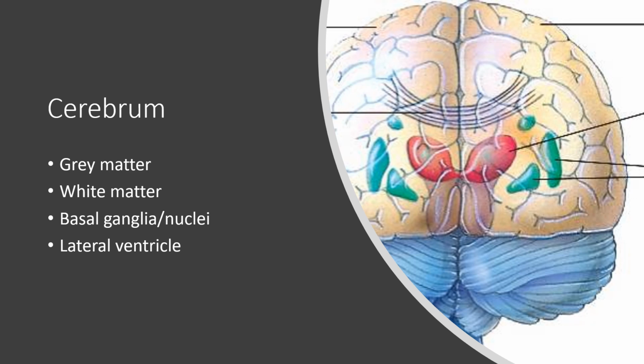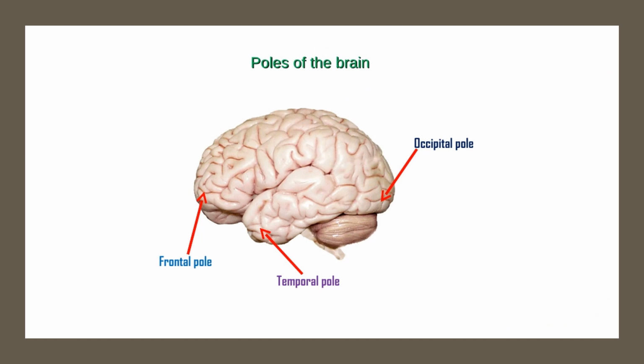The cerebrum consists of grey matter, white matter, basal ganglia and lateral ventricle. The external features of the cerebral hemisphere include the poles, surfaces, borders, sulci and gyri.